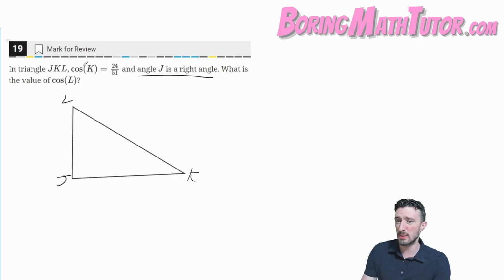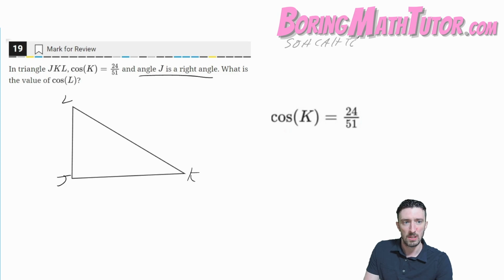And they told us that the cosine of K is equal to 24 over 51. Well, what does SOHCAHTOA say? She says that if you have a cosine, you got yourself a CAH. And what does the CAH tell you?